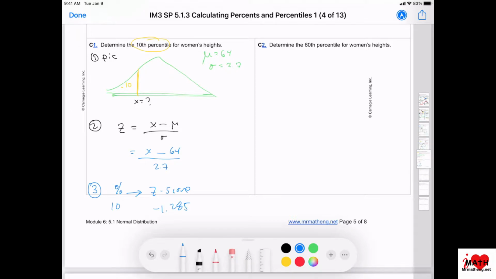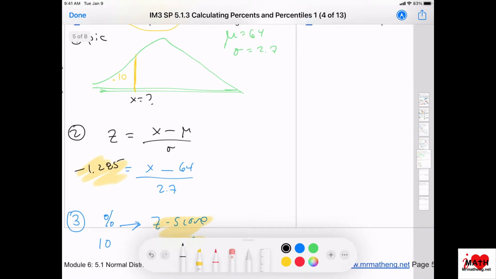And what I do with that, so going from the percent, now I got a z-score, I put it in here. Negative 1.285. Okay? And essentially just solve for x. And to do that, I'm going to put it over 1, and I'm going to do something we did a long time ago called cross multiply.